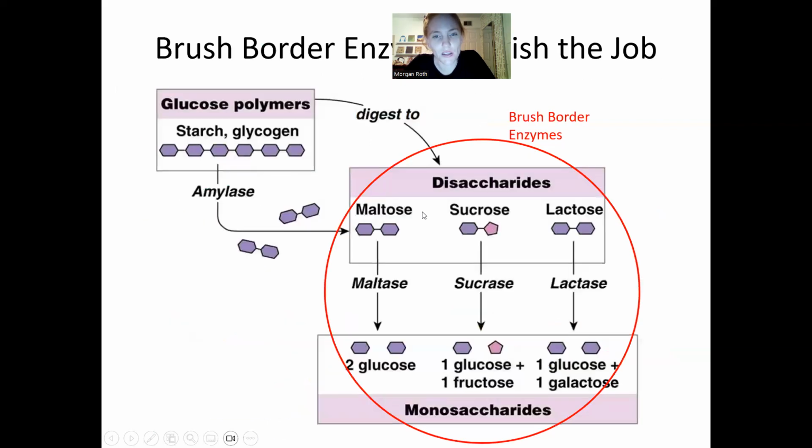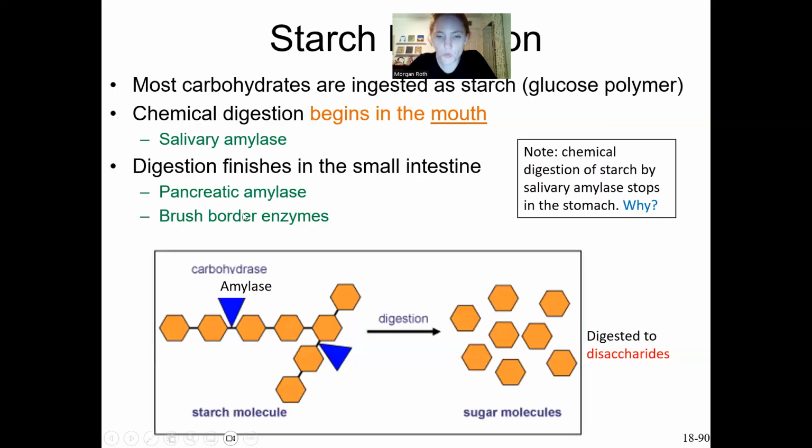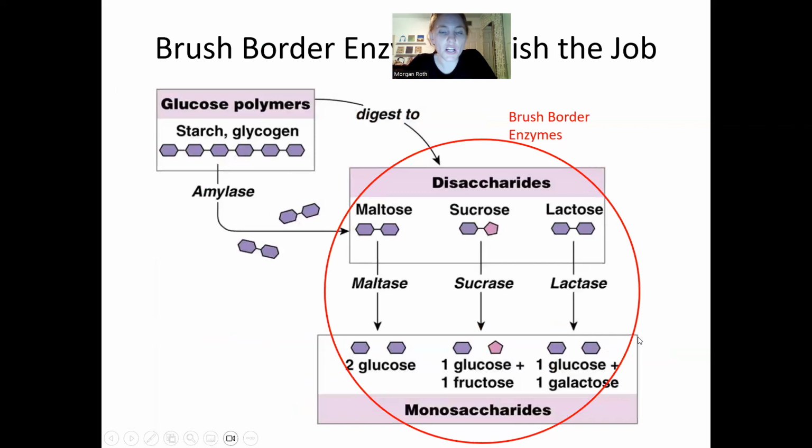Okay, so once you have your starch being digested by your salivary amylase, it'll digest it into disaccharides. From there, we need to continue our digestion all the way to the monomer. And what is the monomer for carbohydrates? That is going to be those monosaccharides. The one I want you to remember again is glucose.